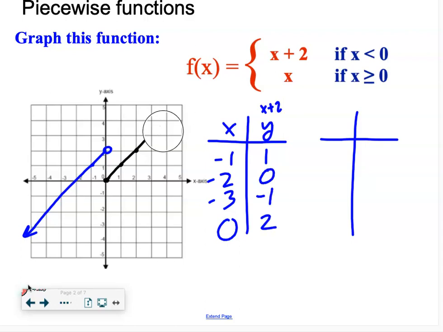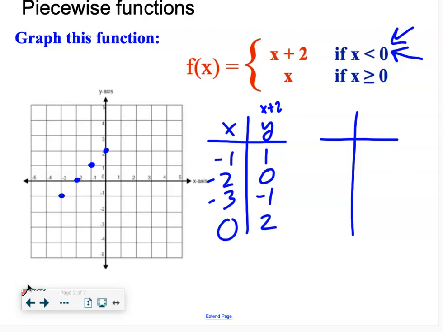So here's what happens. When I go to sketch my graph, I'm going to plot some points. So I have the point -1, 1, -2, 0, -3, -1, and the point 0, 2. All right, you go to this number right here. I kind of like to think of it as the handoff point where it switches from one graph to the next.